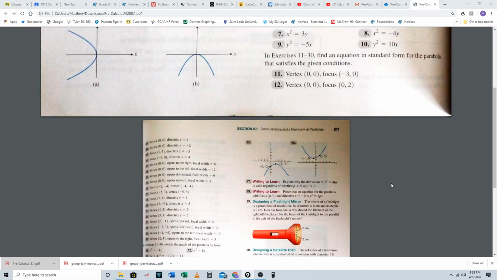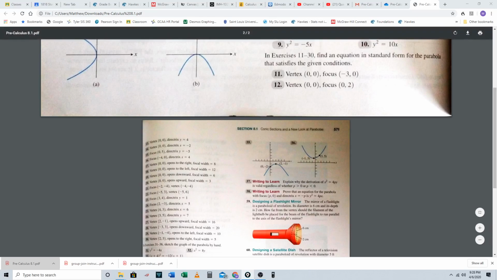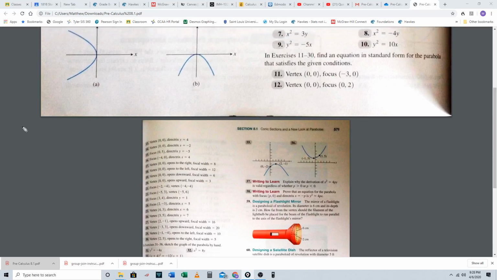So, either we are going to use x squared equals 4py, or we're going to use y squared equals 4px. And again, how do we know that? Well, we look at the vertex and the directrix and the focus and see what's changing. Okay, if x is changing, that means it's opening up left and right.